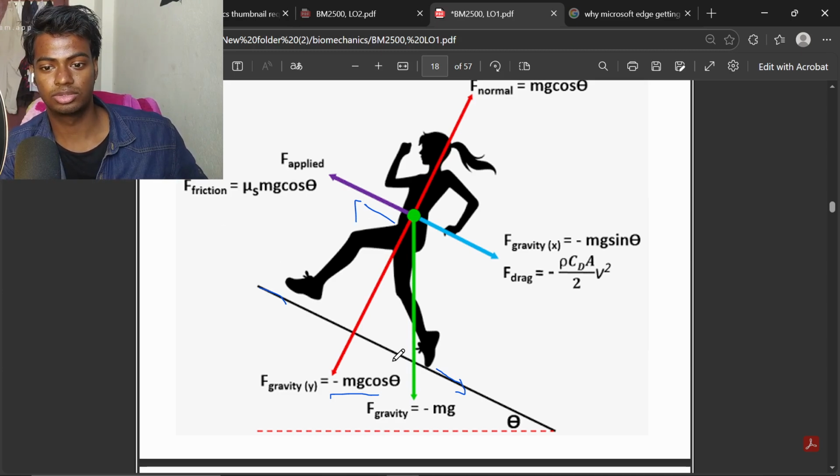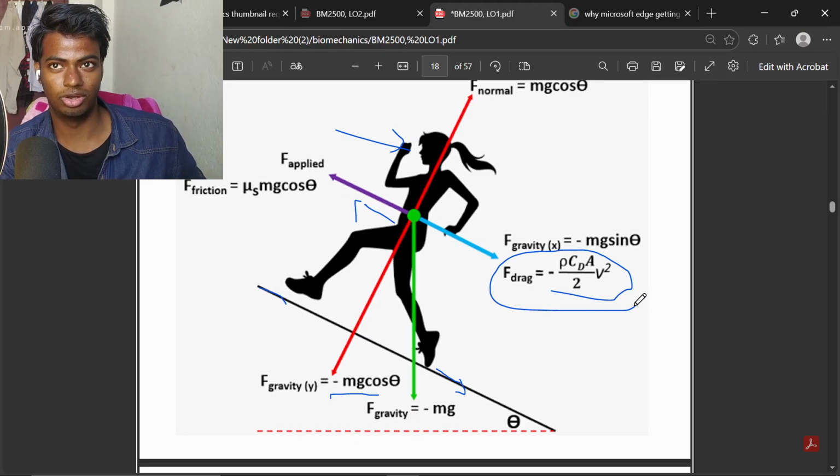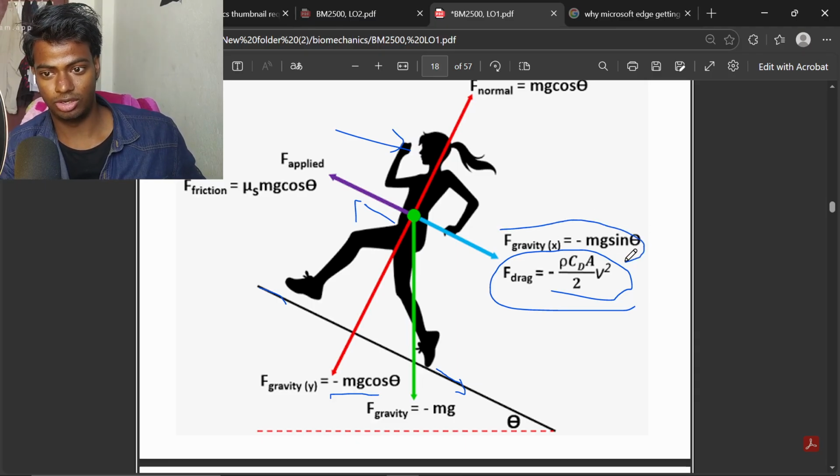The friction is pulling her forward, and there is air that will pull her backward, which is called drag force, or another word for it, air resistance. That is the x-axis component of gravity, and that is the y-axis component of gravity.